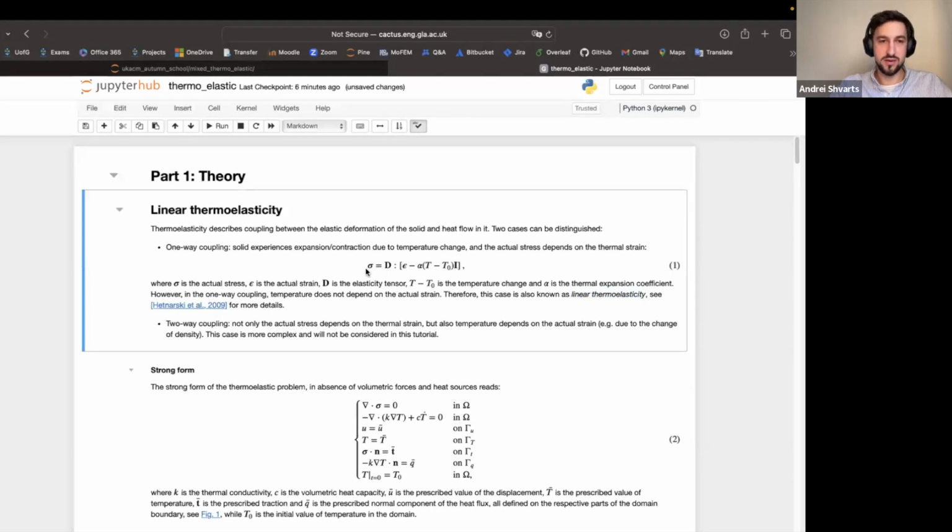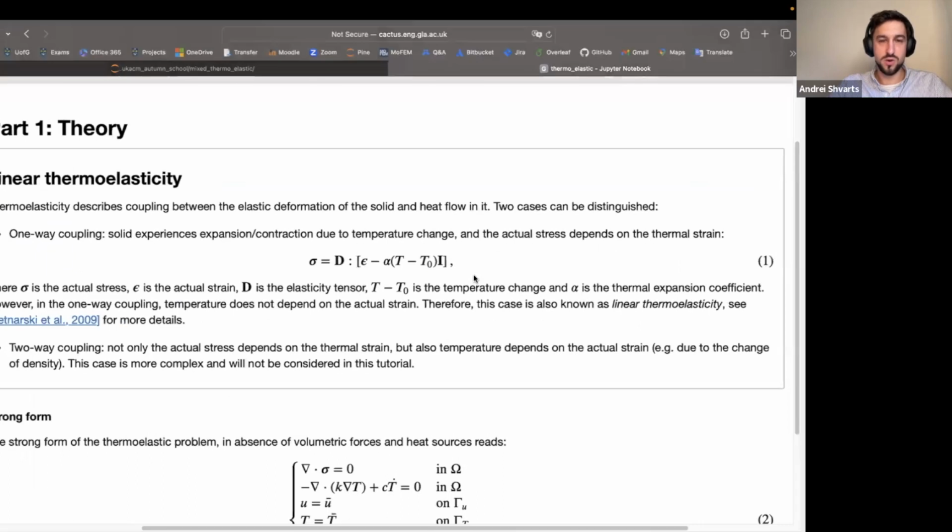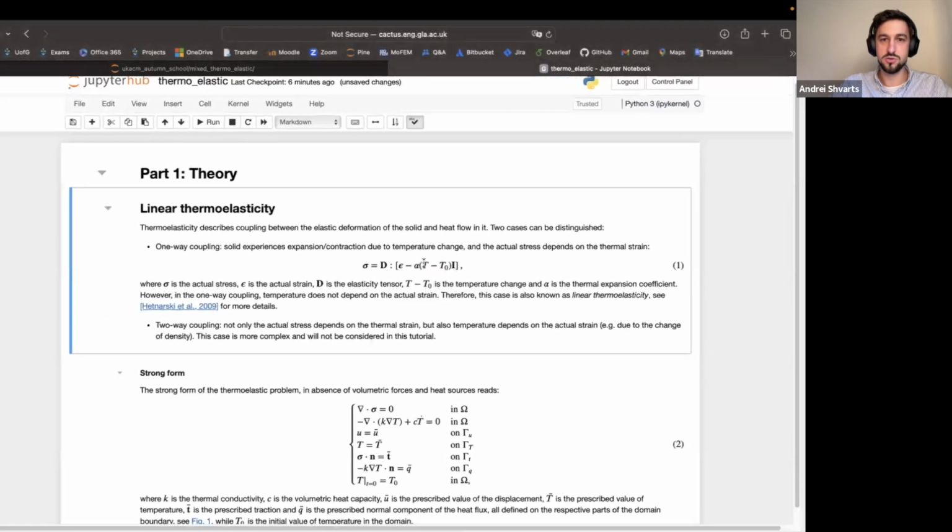This is the case when we have a constitutive law in the form shown over here in equation 1, where the actual stress depends on the actual strain and the thermal strain, which is computed from the difference in temperatures when the body is being heated up or cooled down, and the thermal expansion coefficients, which define what kind of strains will appear, corresponding either to the expansion or to the contraction of the body due to this heating or cooling.